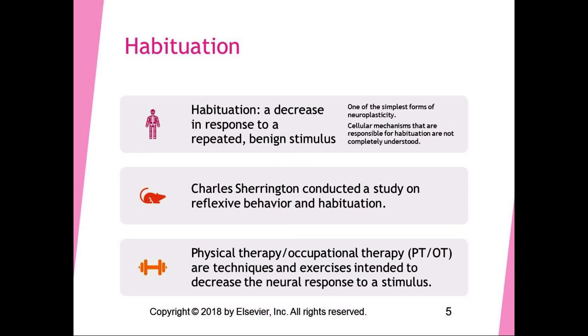So habituation, by definition, is a decrease in response, and we mean neural response, to a repeated benign stimulus. So habituation is one of the simplest forms of neuroplasticity. And really, the cellular mechanisms that are responsible for habituation are not completely understood.